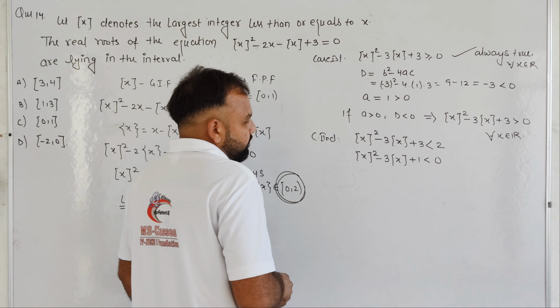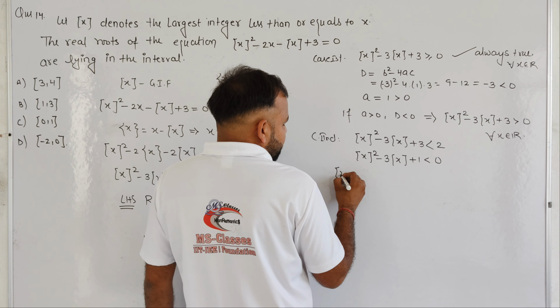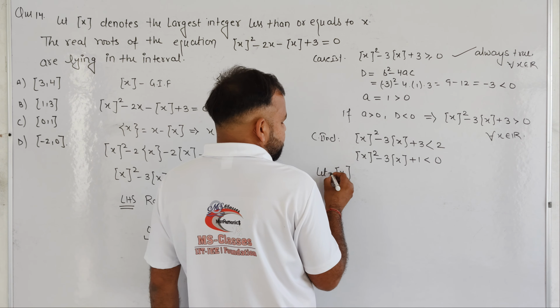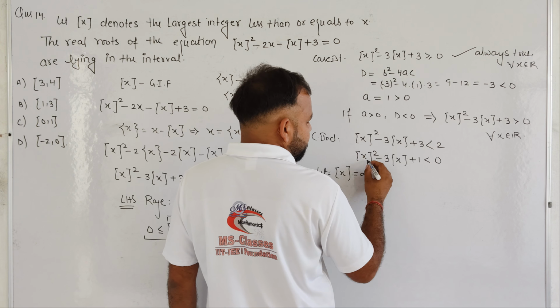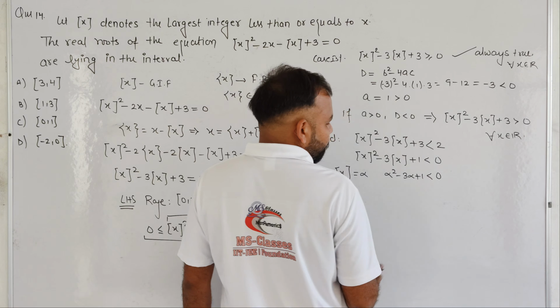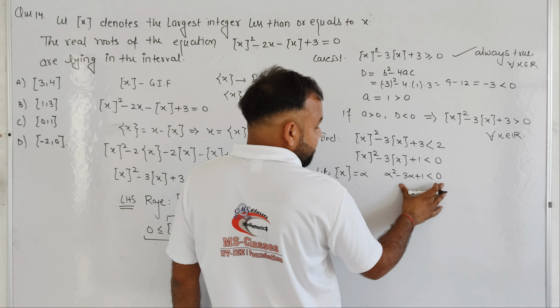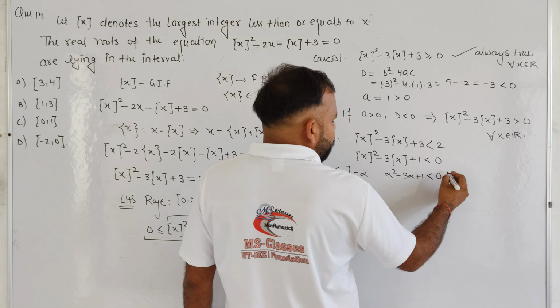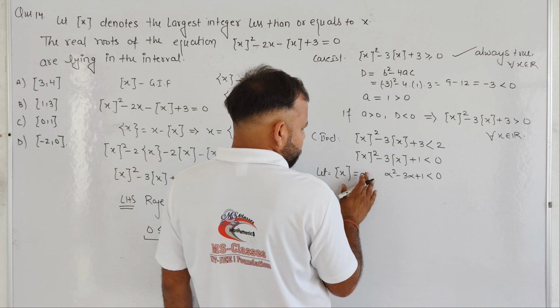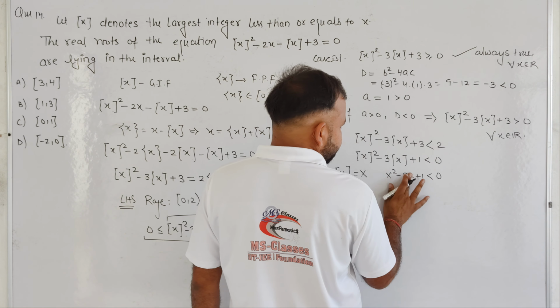Student, you can see that if we consider the greatest integer [x] as alpha, it will become alpha^2 - 3 alpha + 1 less than 0. Let us consider this as an inequality, and let us consider its roots as alpha and beta.